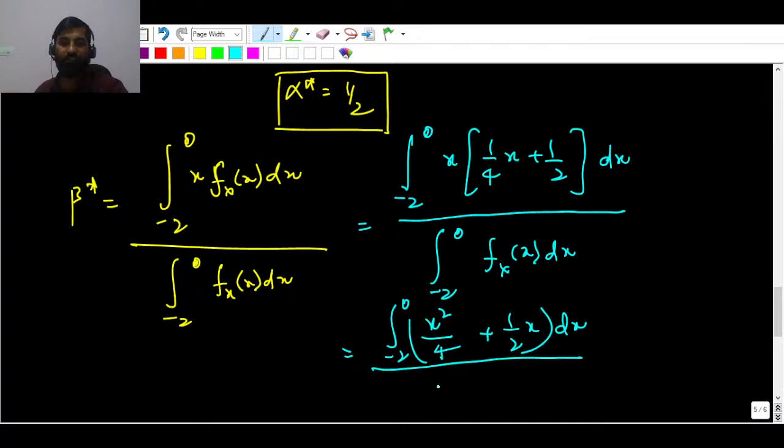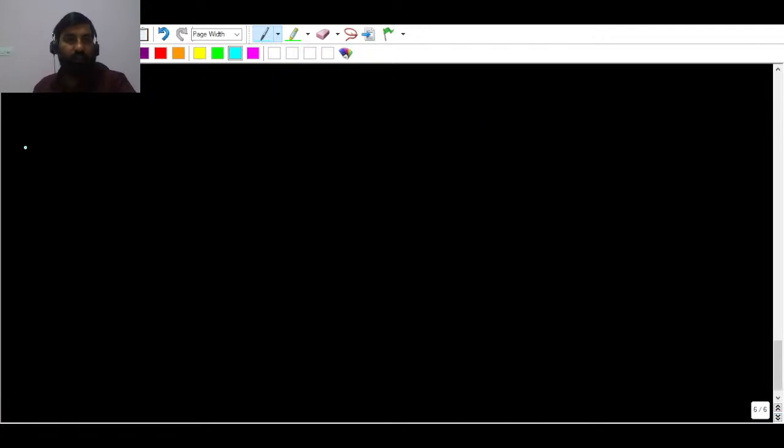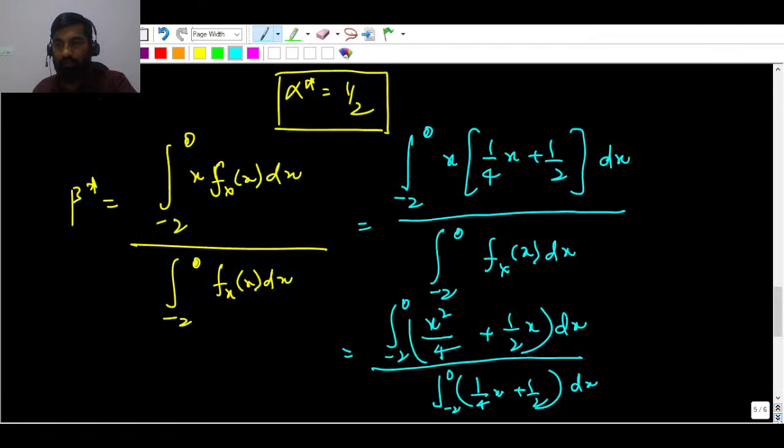I think this integration is fairly straightforward. Let me solve this so that you can find it very easy.